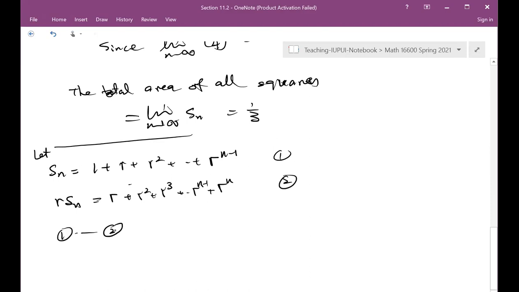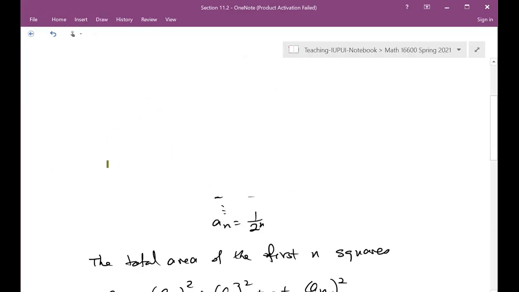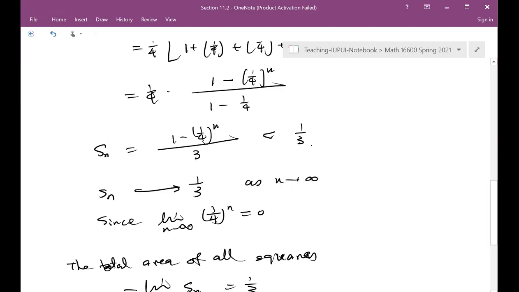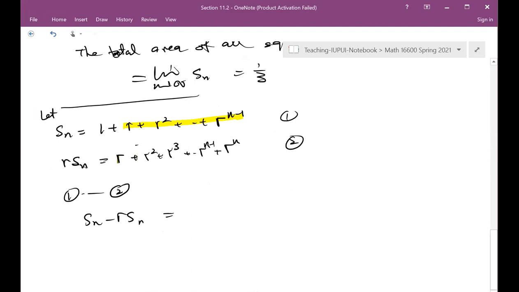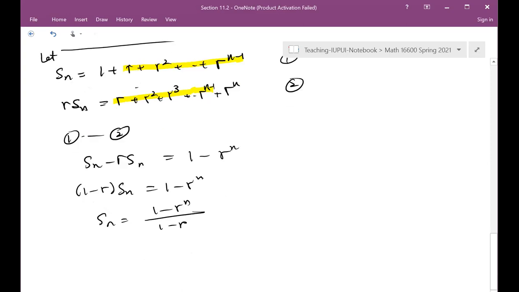Equation 1 minus equation 2 gives Sn minus r Sn. On the right side, all the common terms cancel out, and only these two are left. Then on the left-hand side you factor it out, and Sn is going to be (1 minus r to the power n) over (1 minus r). So you see, you get a simple form.